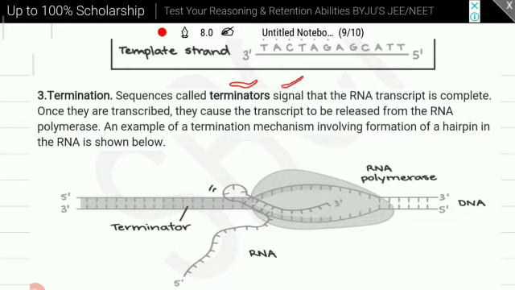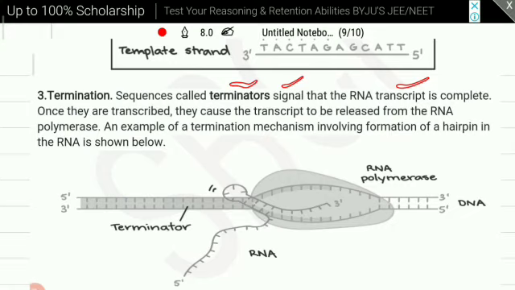When the RNA polymerase comes across these terminator signals, it won't go further. It comes to a dead end, it comes to a halt. Now with that, RNA transcription is complete.